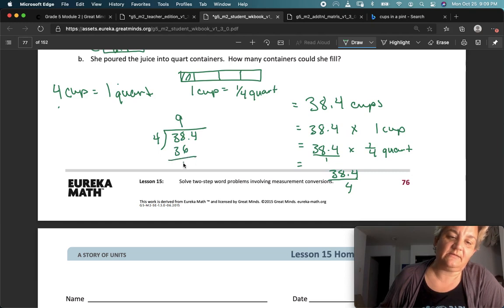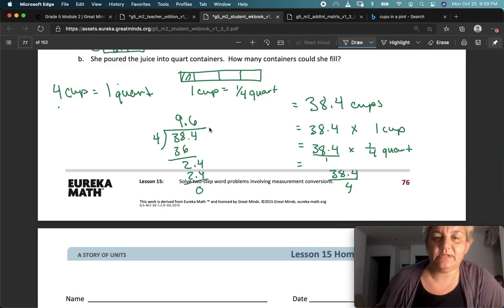And then I have 2.4 left over. 4 goes into 2.4 6 times. So she can fill 9.6 containers. Right? There we go. 9.6 quarts.